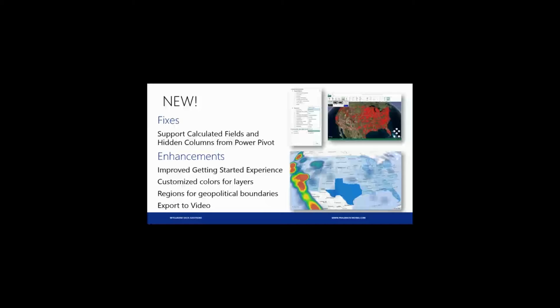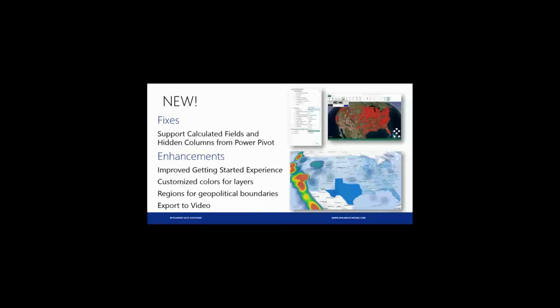You can actually fix that problem. So calculated fields and hidden columns can be consumed from Power Pivot. The reason I bring that up here, though, is if you're running an older version of PowerMap, you may want to go look at the latest update because they really do update it about once every 1 to 2 months. And they're doing that with all of the Power BI tools right now as they're still in preview mode. You're seeing that you can download the previews very quickly.